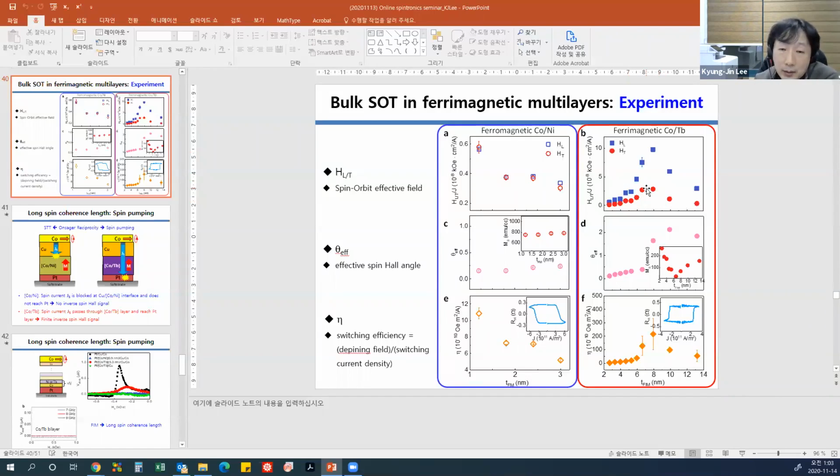So it's just a static measurement. So I believe the ferromagnetic equation can work here. But then this result, I cannot understand. I believe there should be an important missing part in the theory. I don't know what it is.